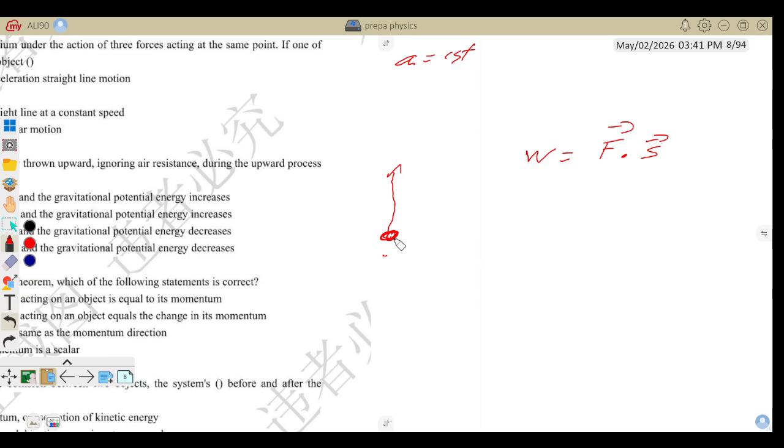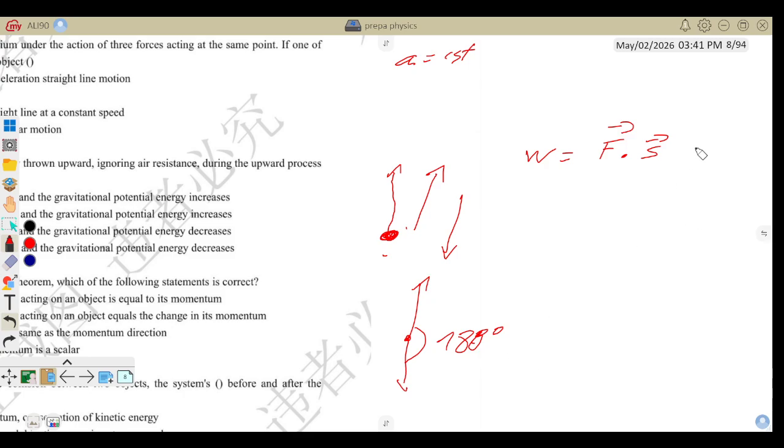When the object is moving upward, it is moving in that direction, but gravity is downward. As we see, they have opposite directions, which means the angle between the two would be 180 degrees.